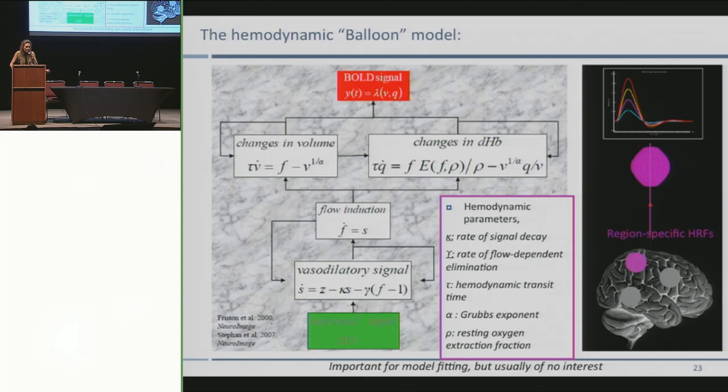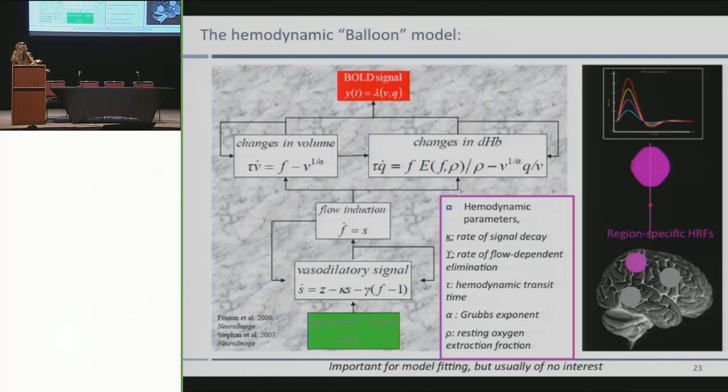So the Buxton balloon model is what's used to convert neuronal activity here at the bottom up into the observed BOLD response in DCM. And I won't go into detail through the changes in vasodilation, inducing changes of blood flow and changes in deoxyhemoglobin, but we have parameters in the model where we have fairly good priors on what they are, things like Grubb's exponent and hemodynamic transit times.